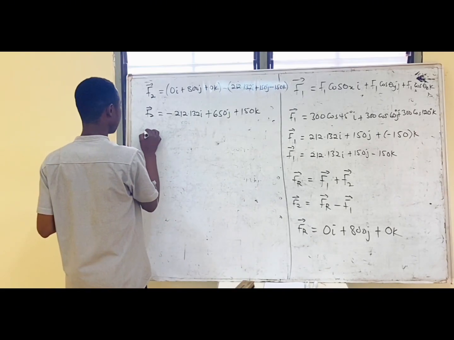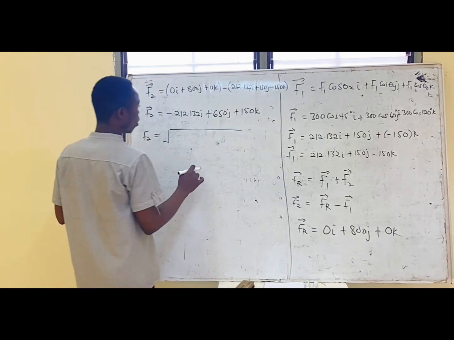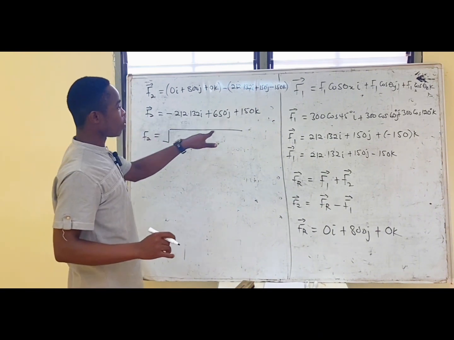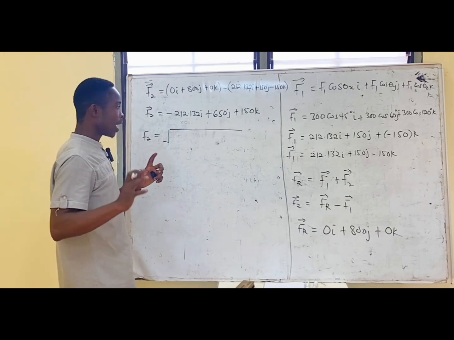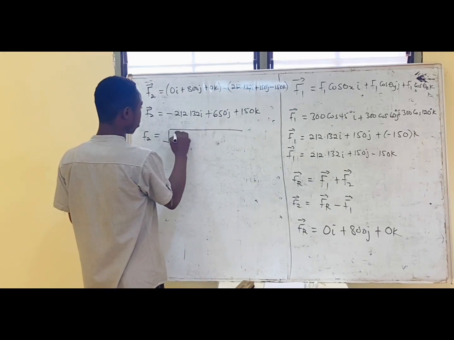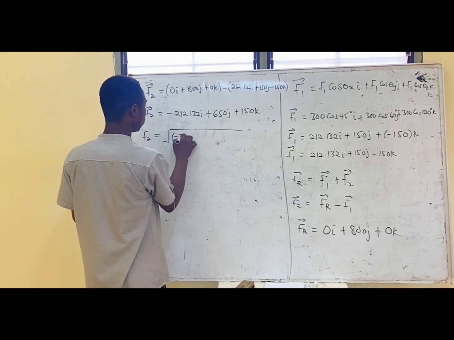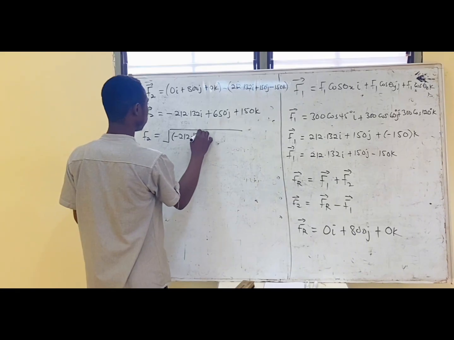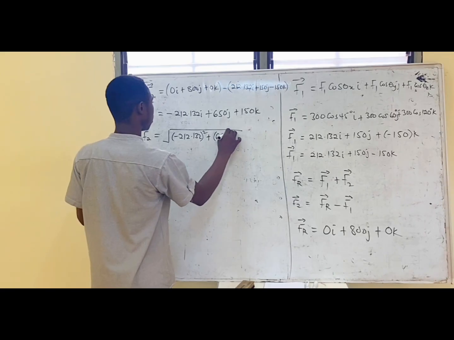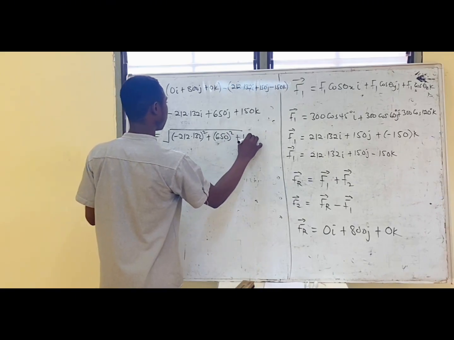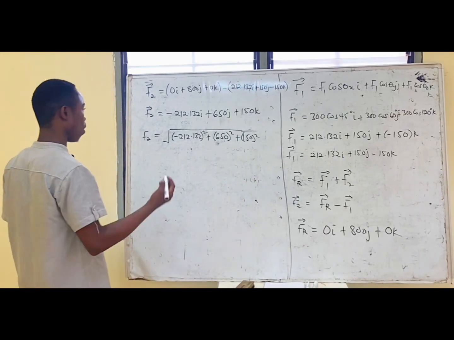So we have our F2 to be equal to root of. If you have it in a Cartesian vector form and you want to get the magnitude form, you just have to find the square root of the square of each of the components. So you take minus 212.132, then you square it, plus 650 squared plus 150 squared, like we are finding the magnitude of a vector.